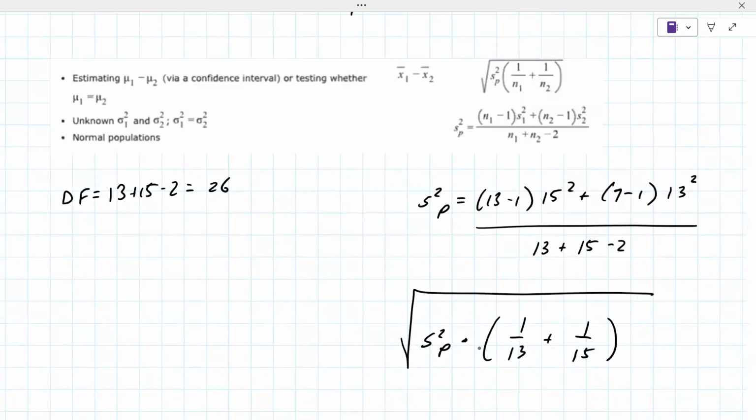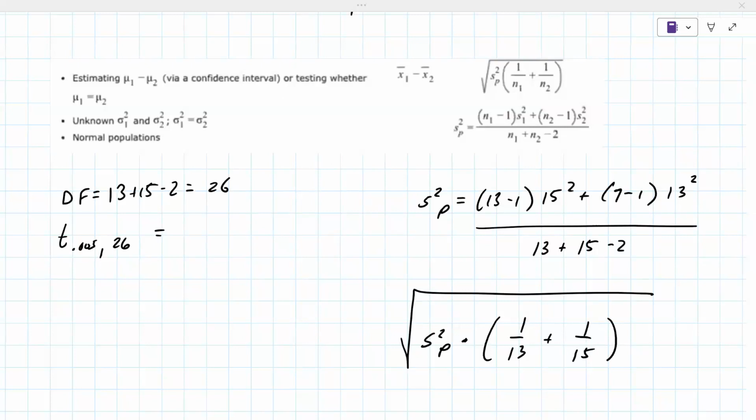So then we have to look up in the t table, t 0.005 comma degrees of freedom 26. I apologize if this is unclear, but these are the steps that are needed. T dot distribution, inverse left tail, 0.005 comma 26.